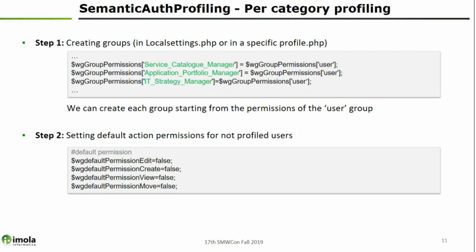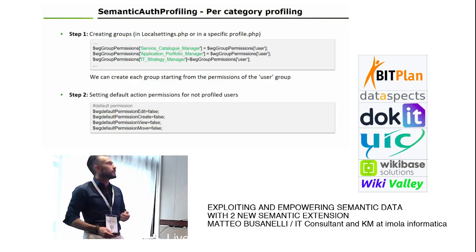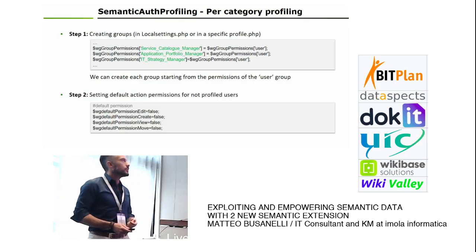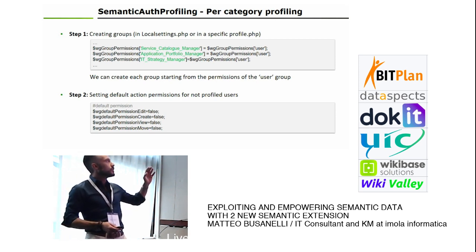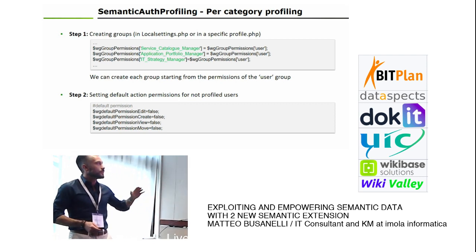But okay, we have to create a group like we can do normally in the wiki, maybe using an existing group like user, and we have to set the default permission, the base permission.